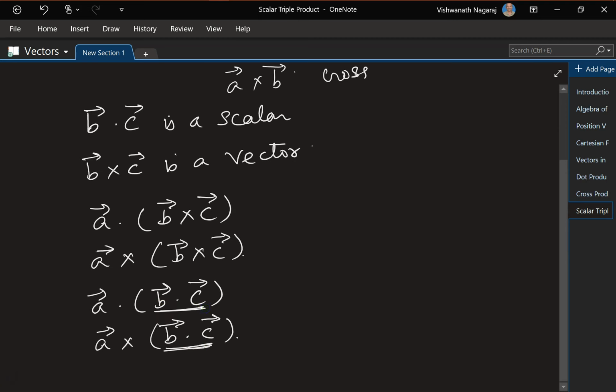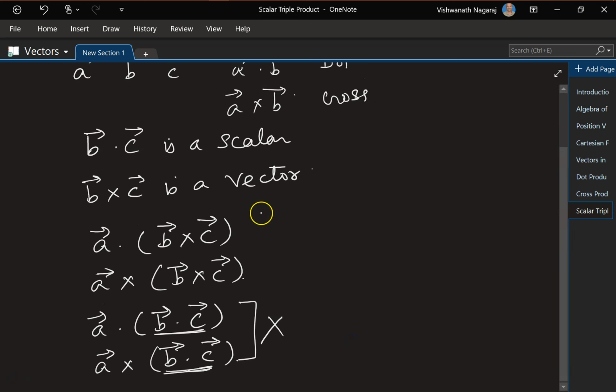This is also a scalar. So this becomes a product between a vector and a scalar. So this actually is not relevant because here we are talking of a product of vectors.